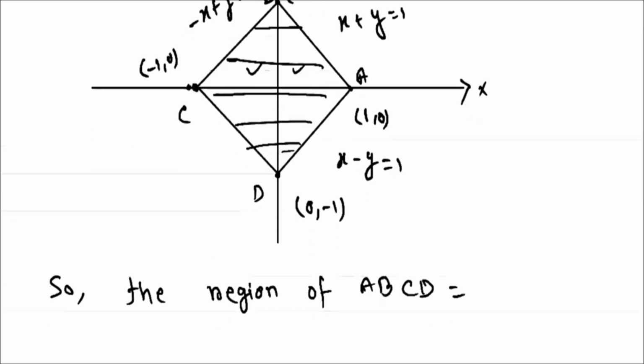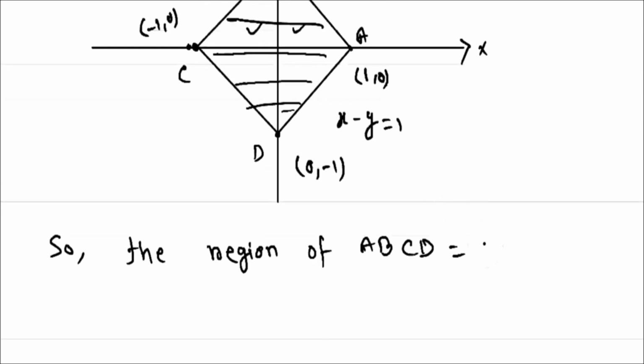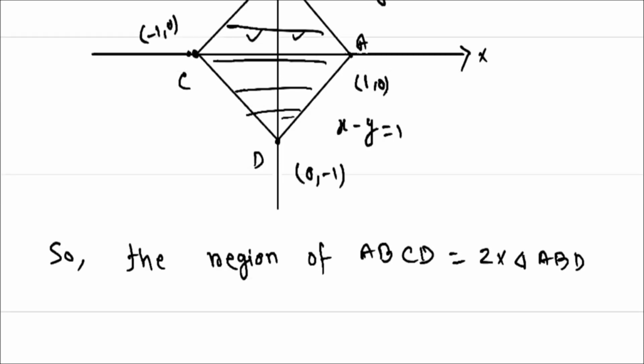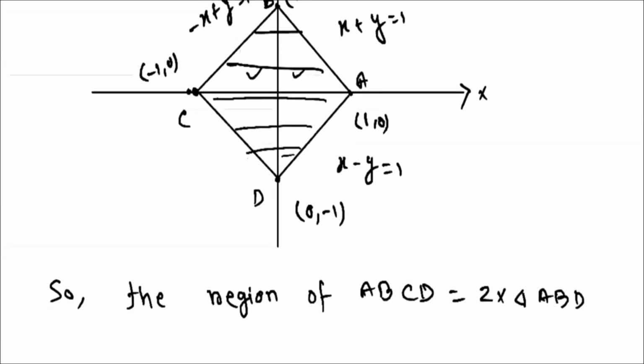They are similar triangles. So we write 2 into triangle ABD. Now we have to find the area of the triangle ABD.